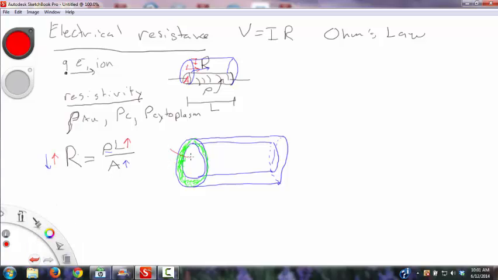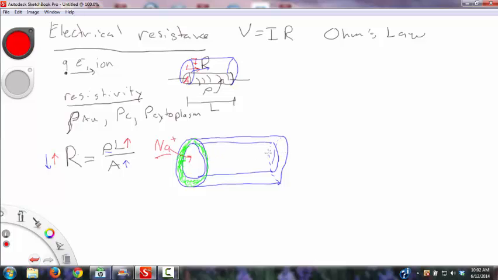So the axon processes cytoplasm, and in that cytoplasm, you've got a bunch of ions that can flow if you put a voltage across this thing. What our bodies do is, to get a signal to flow down an axon, they dump a bunch of charge in the form of sodium ions in, and those sodium ions push other positive charges down, so you get an electrical signal propagating down here, and that is a current.